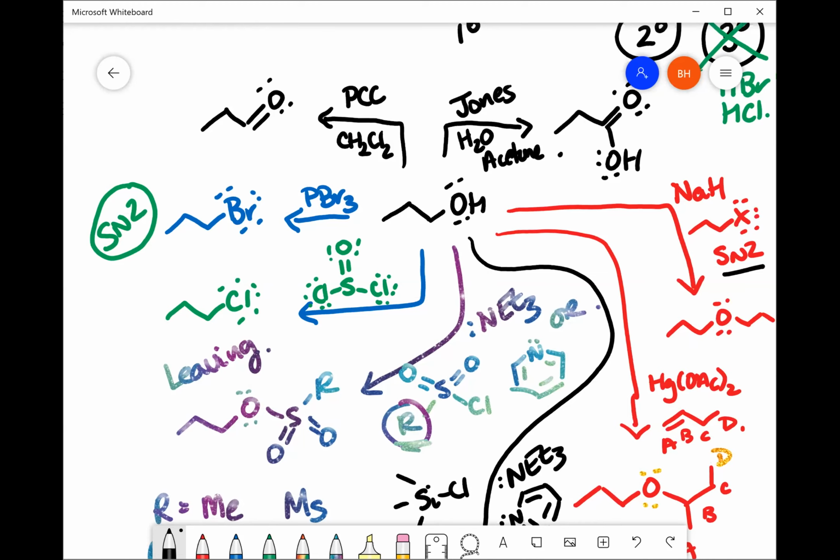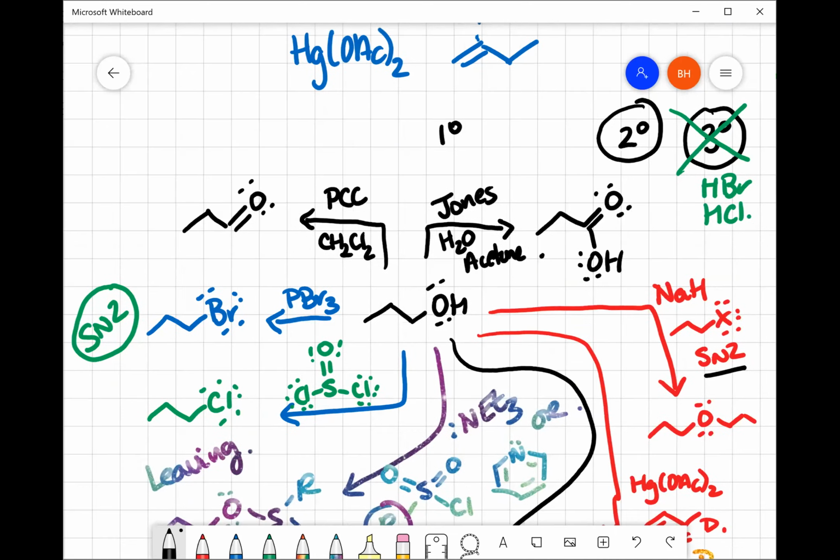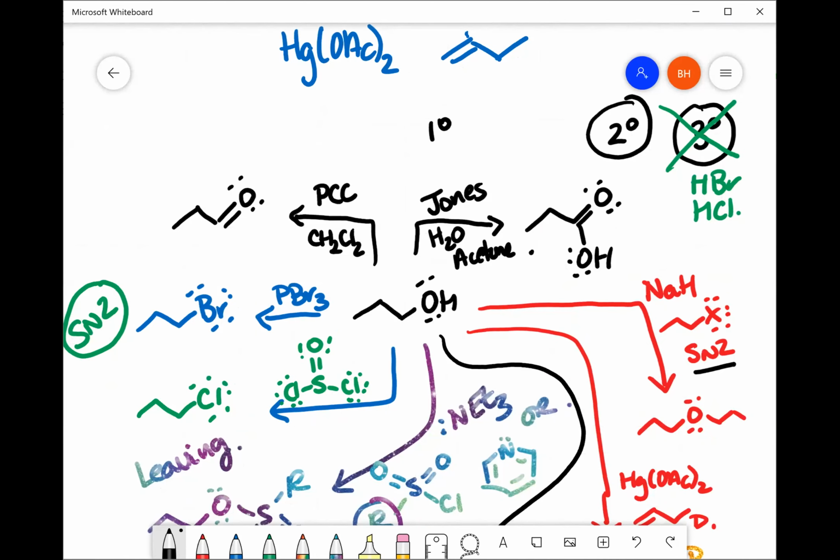And if you do the same sort of map with a secondary alcohol, the oxidation reactions are going to change ever so slightly. You can still do the protection, you can still do converting it into a leaving group, these SN2 reactions would behave more slowly, and you could still do the Williamson synthesis on really simple primary alkyl halides.